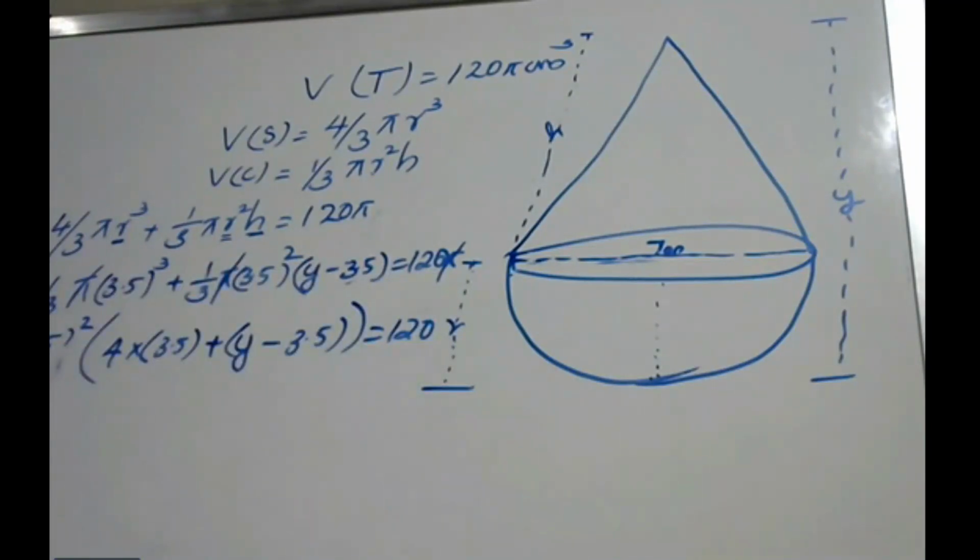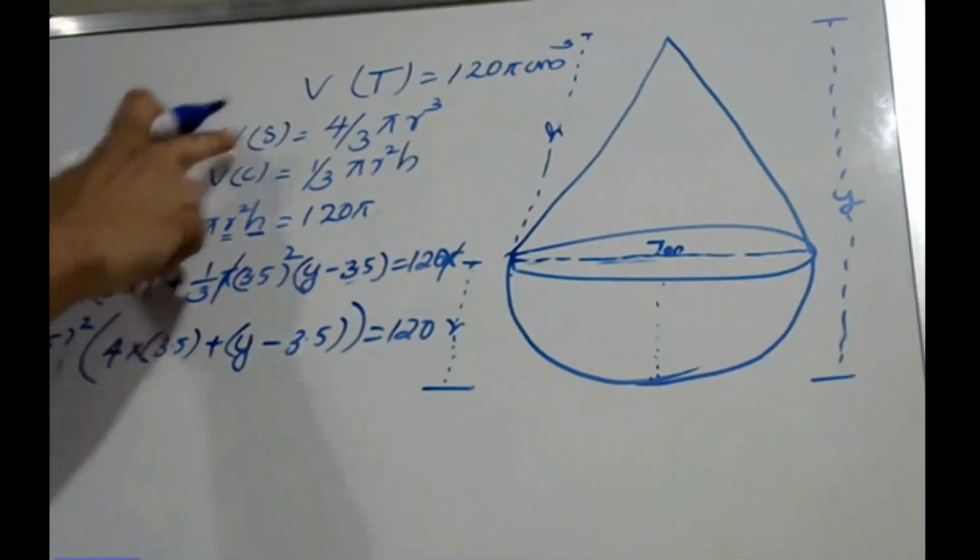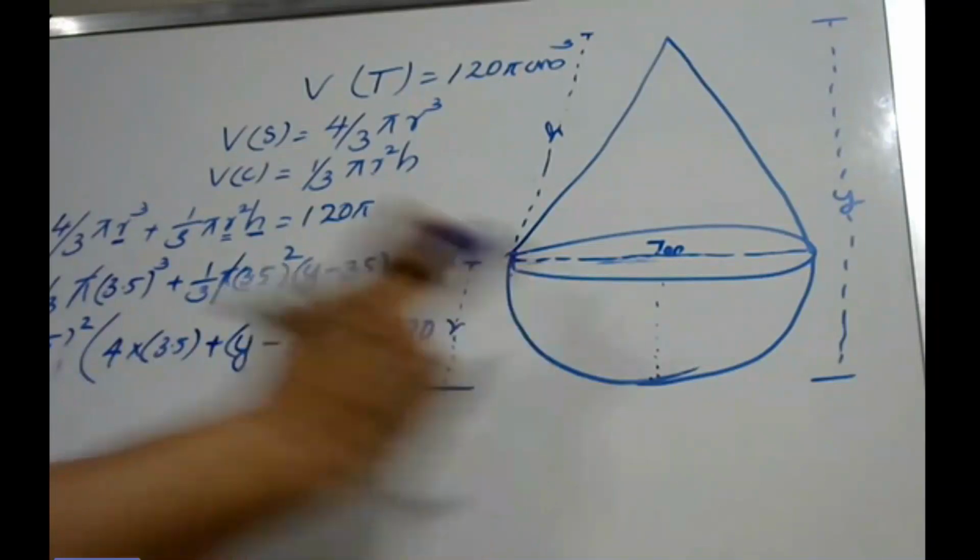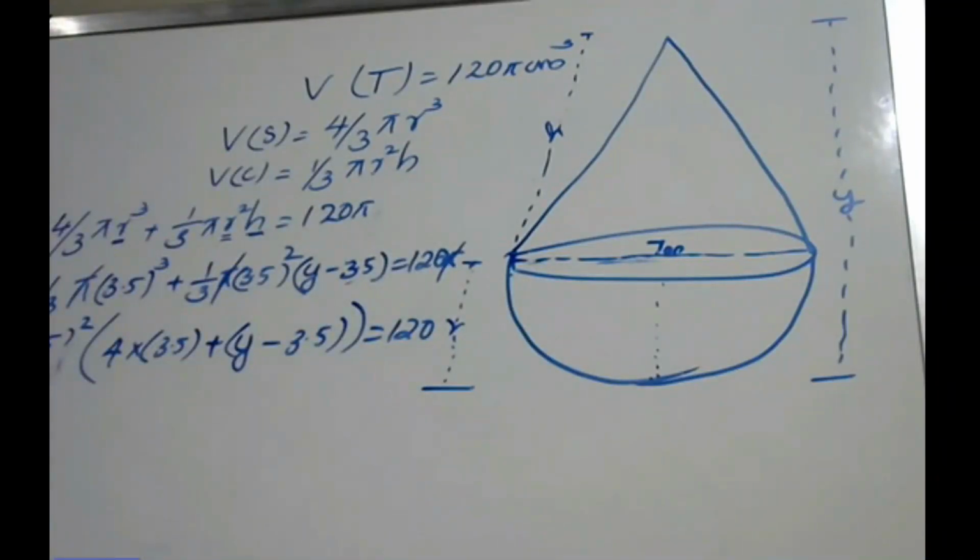Okay, before that, we are given the volume of the sphere. This is only a hemisphere, so we have to take half of it. So there is a half over here, and half of this will be 2 times. We require only the hemisphere, so I have to take half of the sphere's volume.